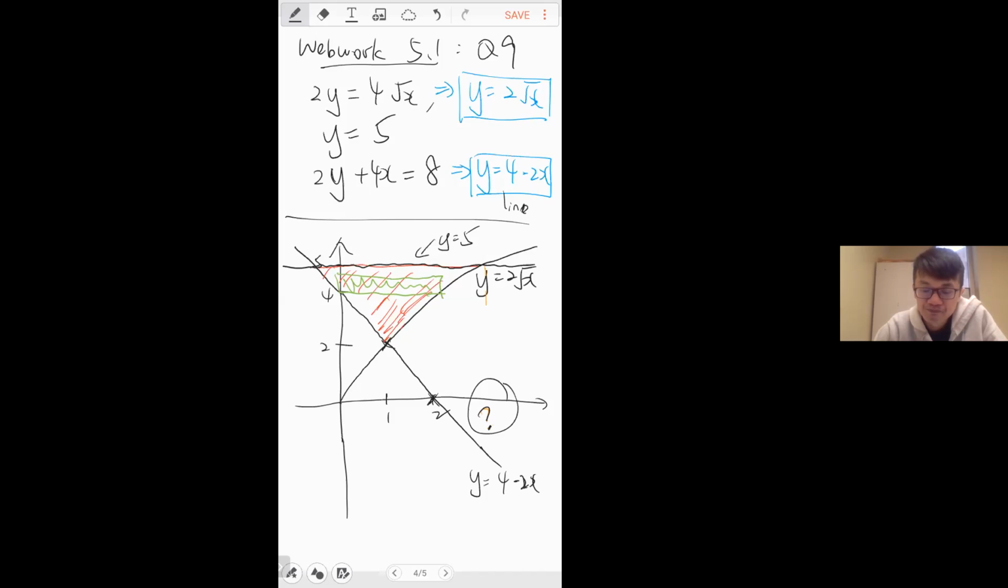If I do horizontally, there are a lot of questions. What is the lower limit? What is the upper limit? Which one is the right function? Which one is the left function? Which one minus which one?